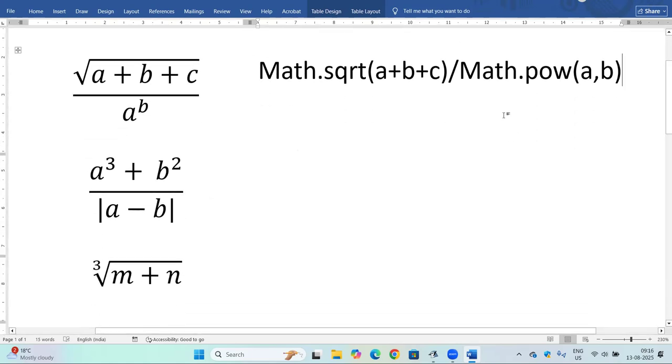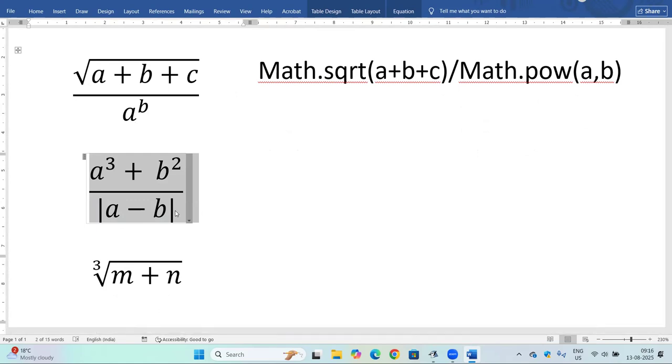The next example. We have a to the power of 3 plus b to the power of 2 divided by, what are these 2 straight lines for? This is the absolute value of a minus b. And what is absolute value? Absolute value is nothing but a way to change a negative number to a positive number.